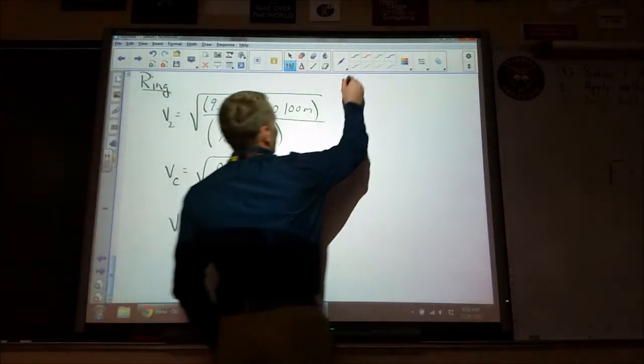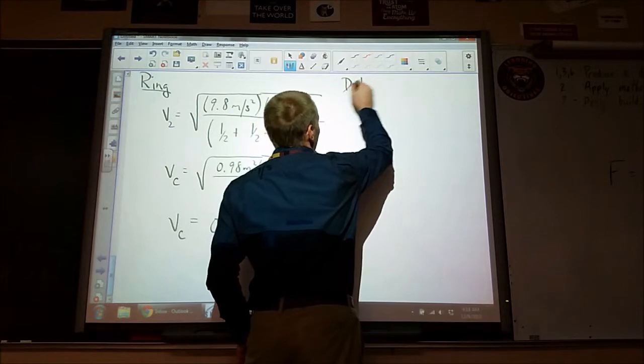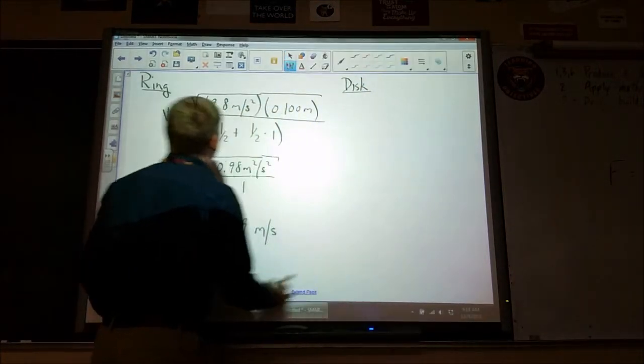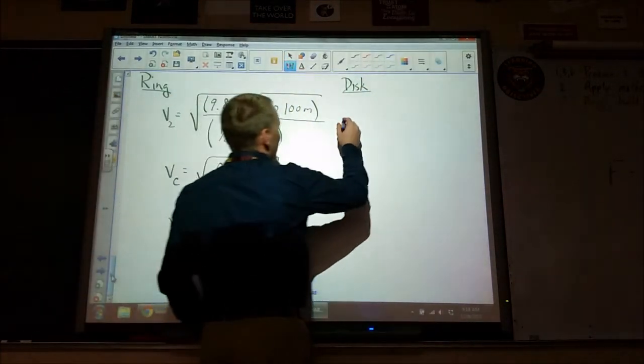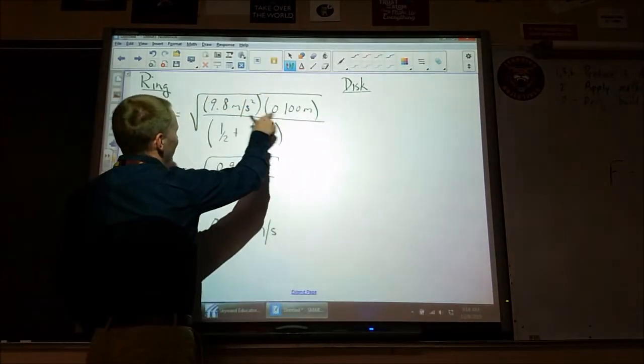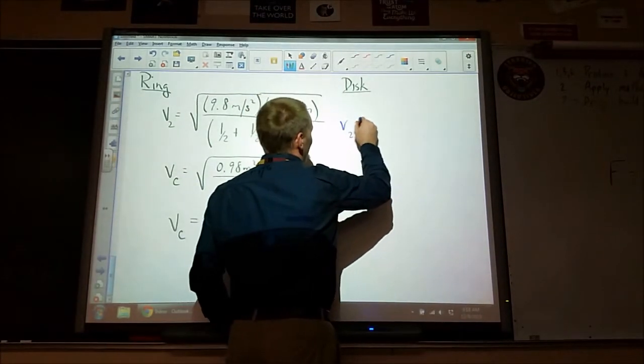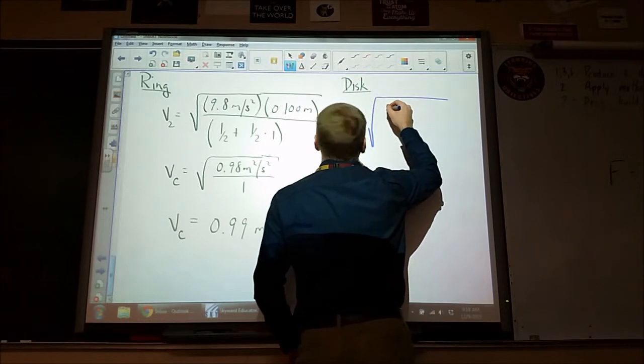Let's look at the disk now. I'll do that in blue. Same formula here. So we're still going to get that same thing there.